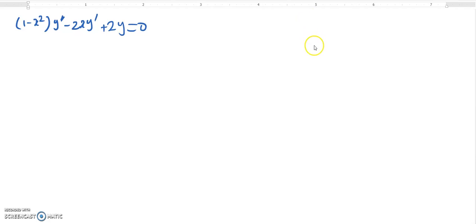So y in the sigma notation is sigma m equals 0 to infinity a_m x to the power m.